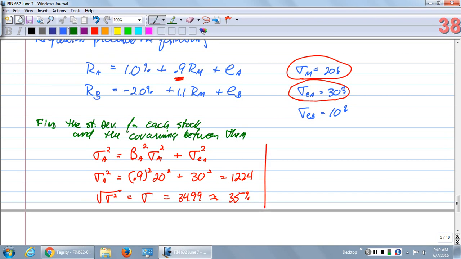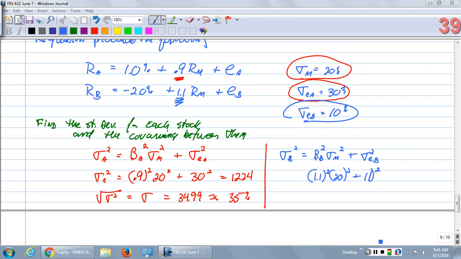Let's look at the standard deviation of asset B. We'll do the same thing. We take the beta for asset B squared times the variance of the market plus the variance of the firm specific risk for asset B. The beta for asset B is 1.1. So 1.1 squared times the variance of the market plus the variance of the firm's specific risk, which is 10% squared.